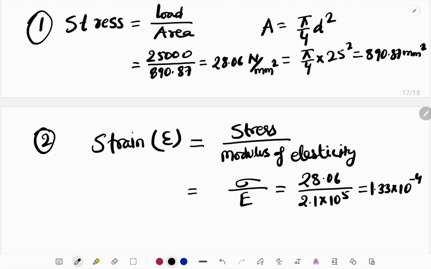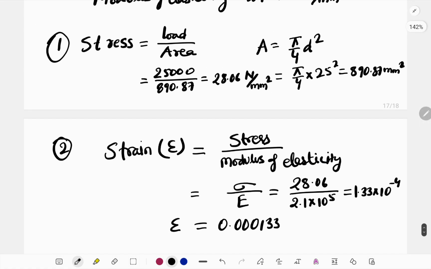As strain, modulus of elasticity and stress have similar units, this will be dimensionless. We can also write it as a decimal, 0.000133. So this is the value of strain that we calculated.